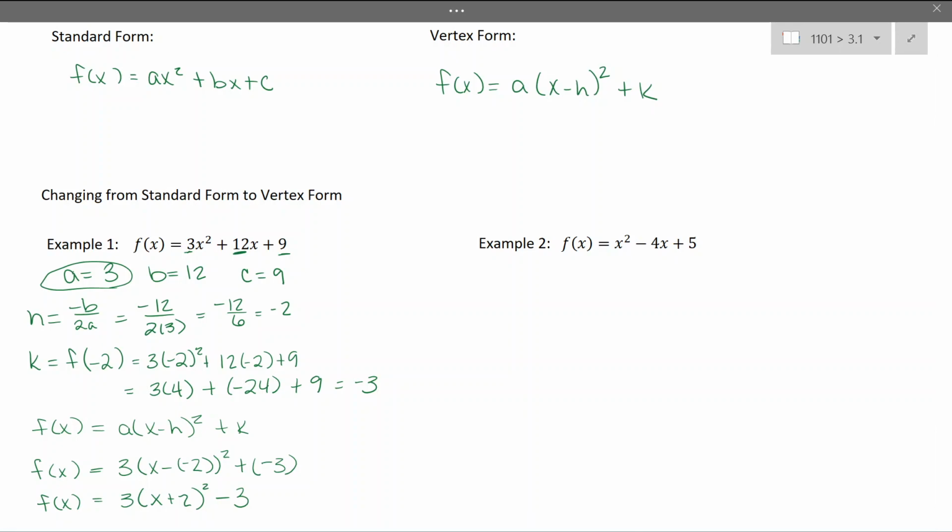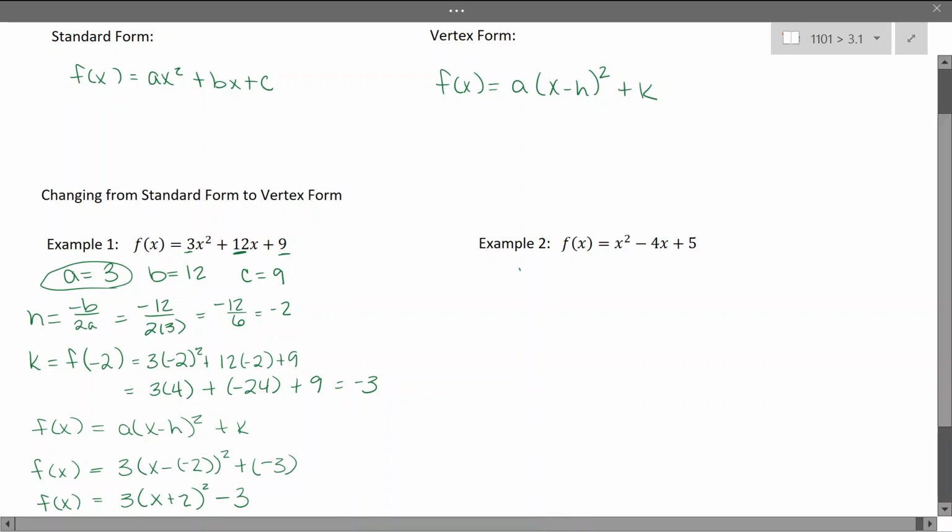Our second example is f of x equals x squared minus 4x plus 5. So again, let's find our a, b, and c. a is equal to 1, b is negative 4, and c is 5. So again, let's find our h. h is equal to negative b over 2a.